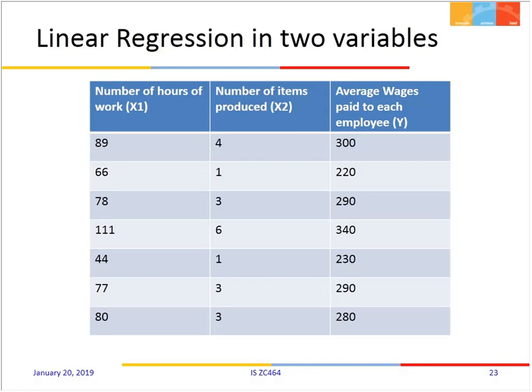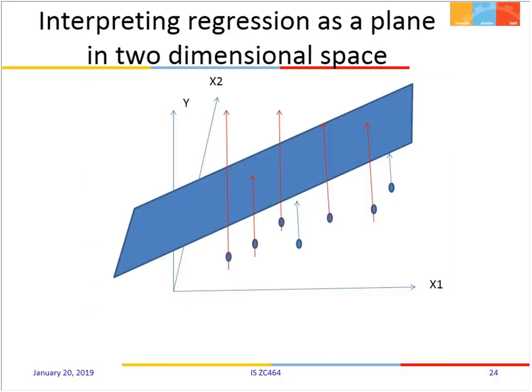The number of hours put in by them and the number of items that they produced. If they had put in fewer hours in that week or month and produced fewer items, then the wages were less. So here there are two variables, and the wages each employee will get depend on these two variables. It is just a fictitious example.